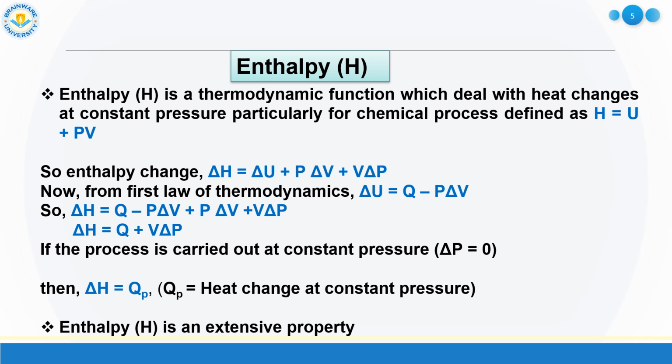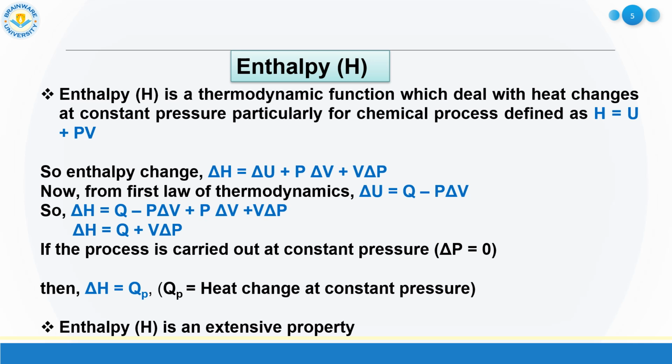Now if the process is carried out at constant pressure, that is, for an isobaric process, this term will be eliminated and we will get delta H equal to QP, that is, heat change at constant pressure. So this is the physical significance of enthalpy change.